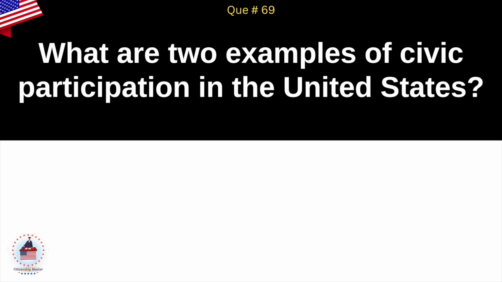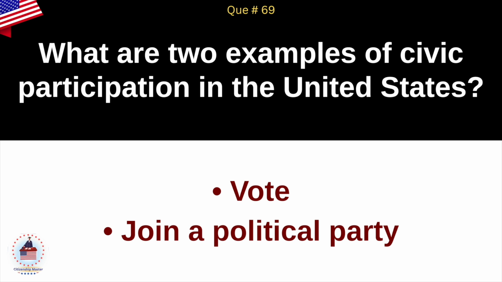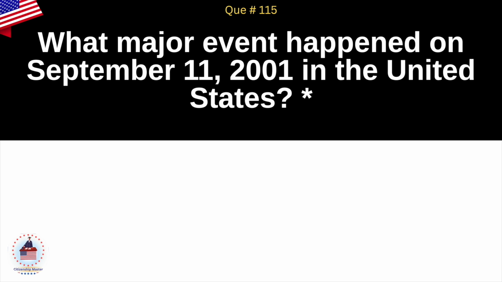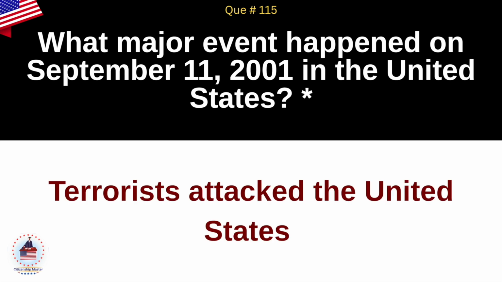What are two examples of civic participation in the United States? Vote. Join a political party. What major event happened on September 11, 2001, in the United States? Terrorists attacked the United States.